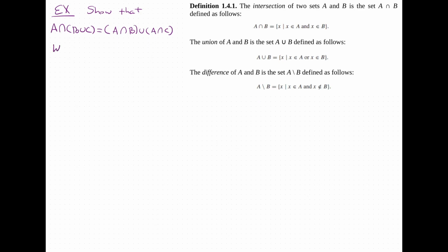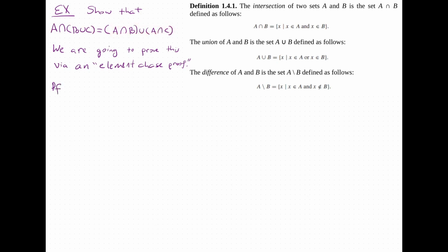So we are going to prove this. An element chase proof means that we are going to choose an element in here and then show that that element is also in here. And so let's go ahead and do this.